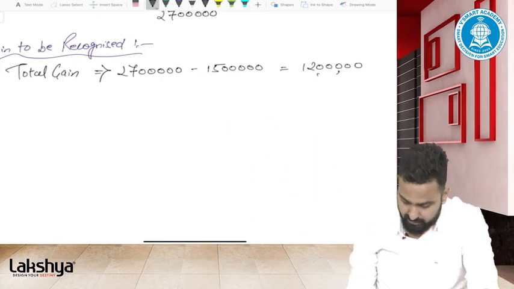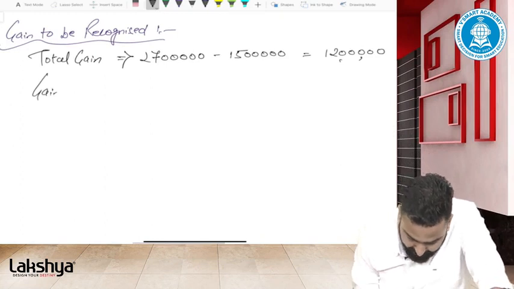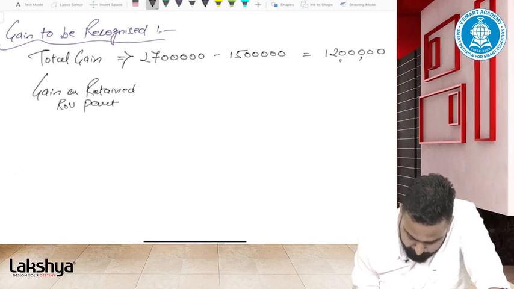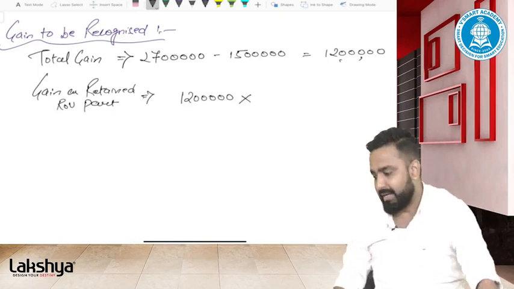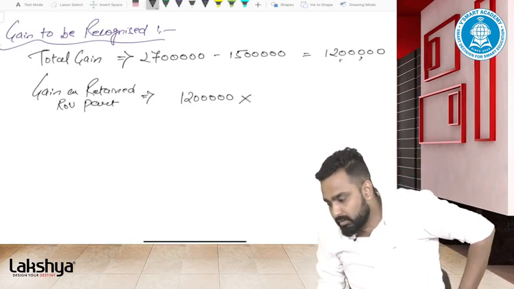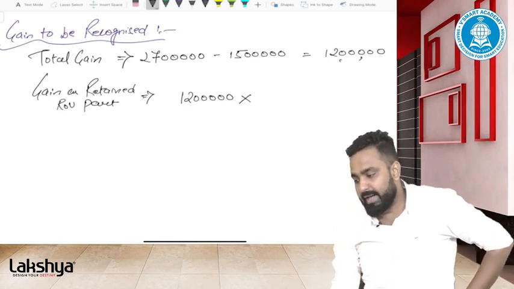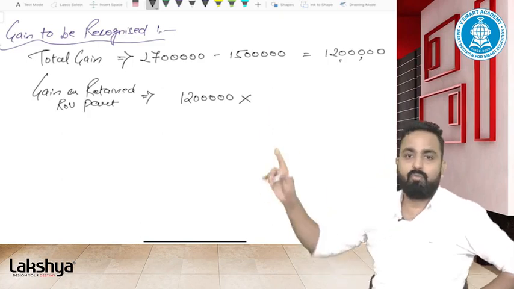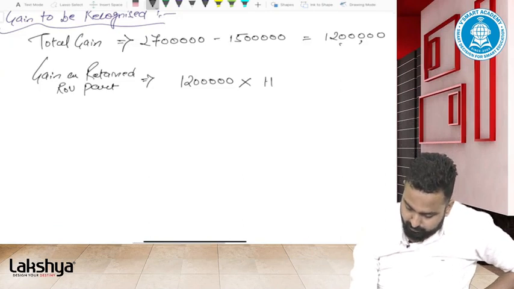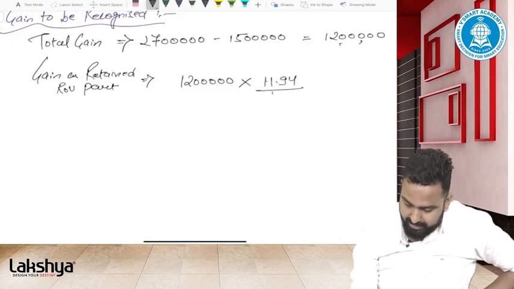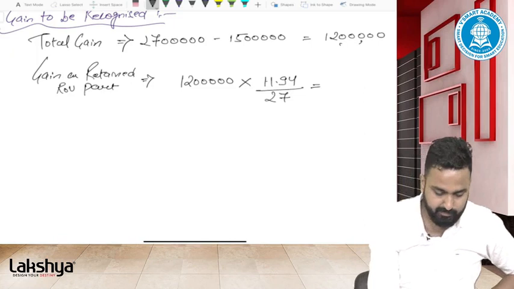Now, gain on retained ROU part: 12 lakh multiplied by what figures? Simple, it should be 11.94 divided by 27, right?